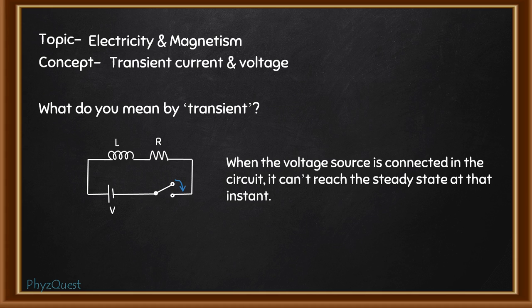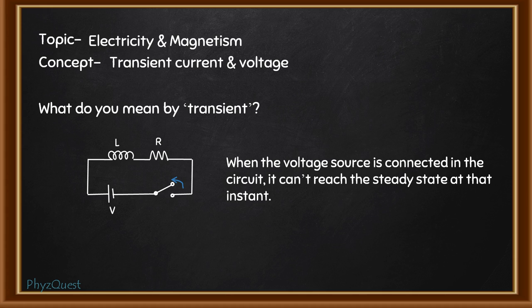Now consider the other way. Suppose there is a circuit already in a steady state and you suddenly disconnect it. So what will happen in this case? When the voltage source is removed from the circuit, the steady state of the circuit will break and it will attain new values of voltage and current.